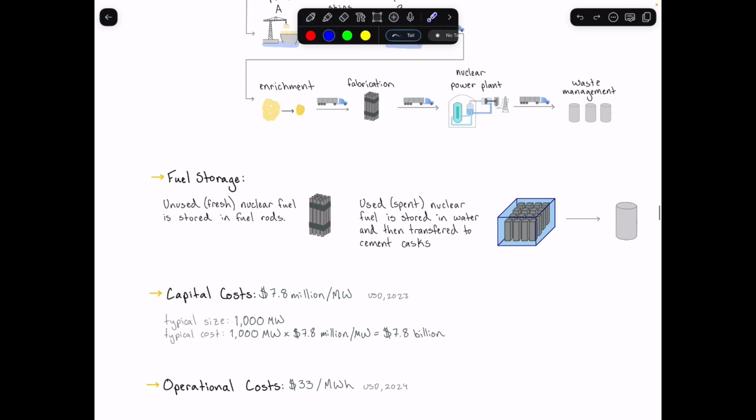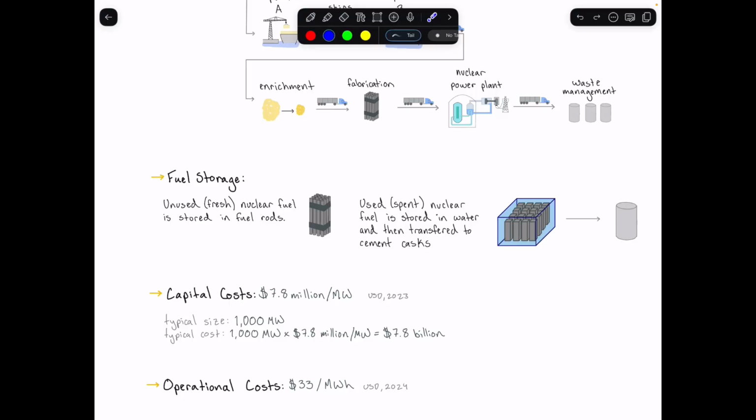Okay, on to operational costs. Although nuclear power plants do require fuel like fossil fuel power plants, the cost of the fuel is relatively low in comparison with the amount of electricity that can be generated from them. Because remember, nuclear fuel has about 160,000 times the amount of energy as its equivalent weight in coal.